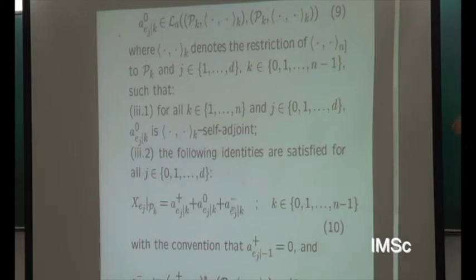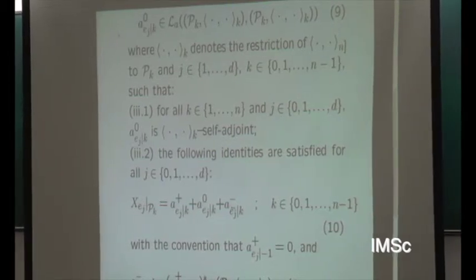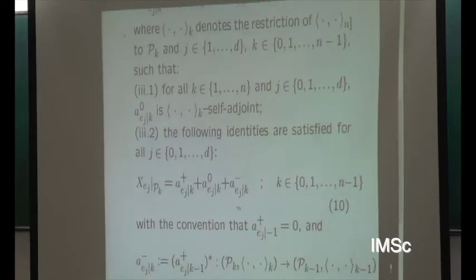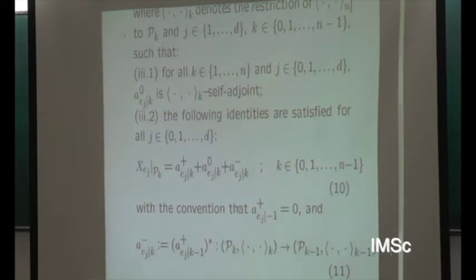To speak of the adjoint, I need a scalar product on n plus 1. But in my definition, there is not yet one. This is the additional information we want to put. Okay? So I have to restrict my condition up to n minus 1.